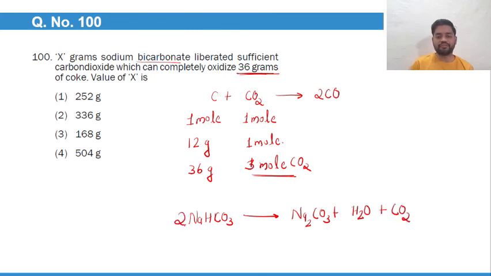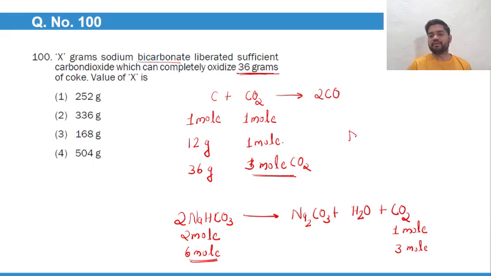If you want to balance it, you just have to take 2. It will get balanced automatically. So can I say that 2 moles give you 1 mole of CO2. How many moles is required? 3 moles. That means multiply by 3. So 6 moles.